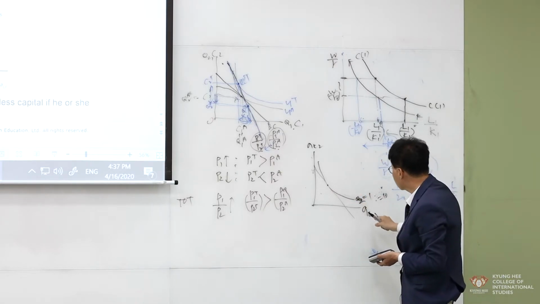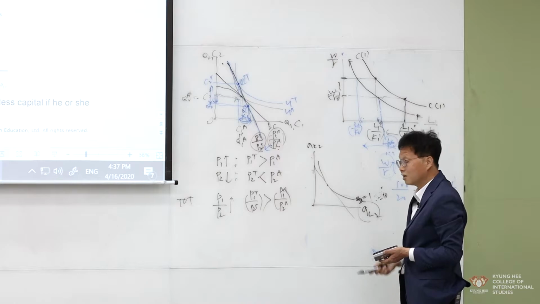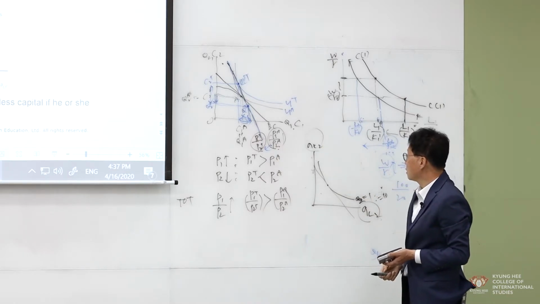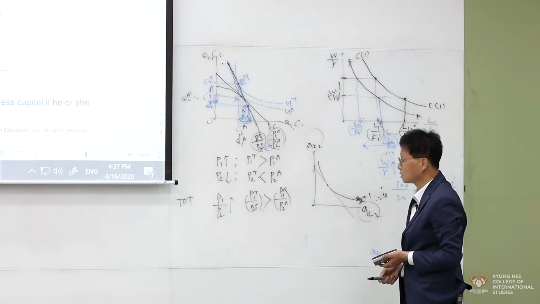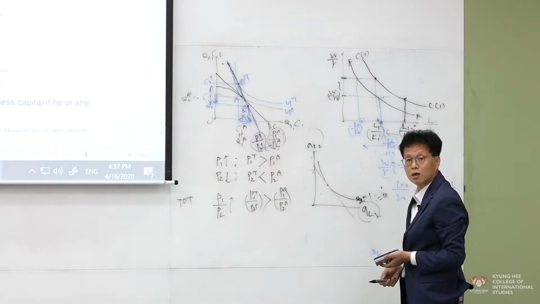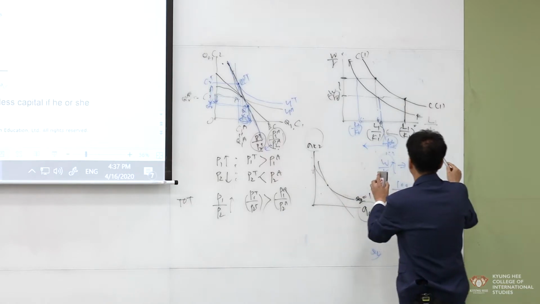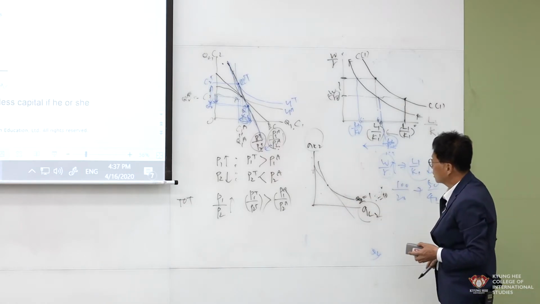The x-axis is the unit labor requirement in Q2 production, and the y-axis is the unit capital requirement to produce 1 unit of Q2. So the shape is like this.